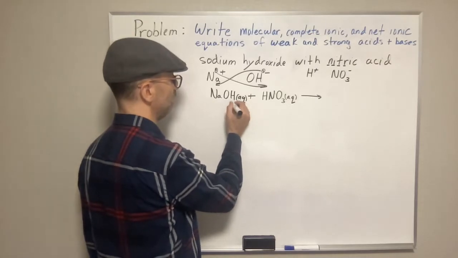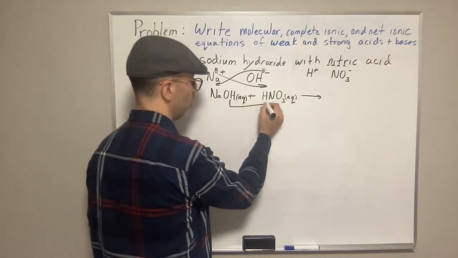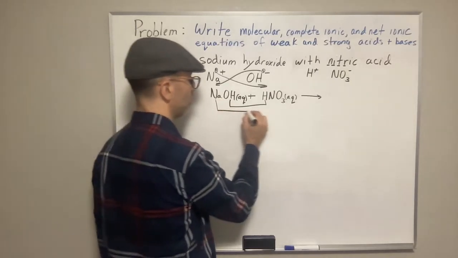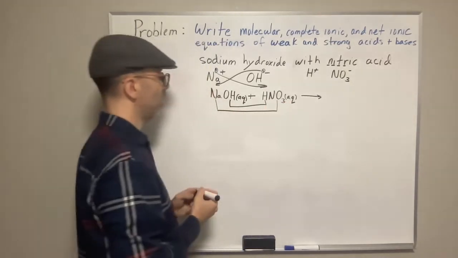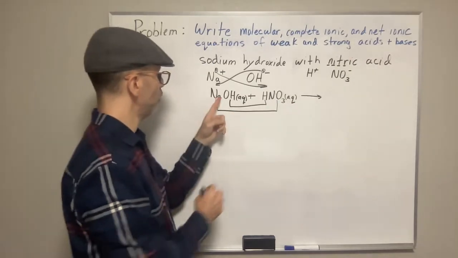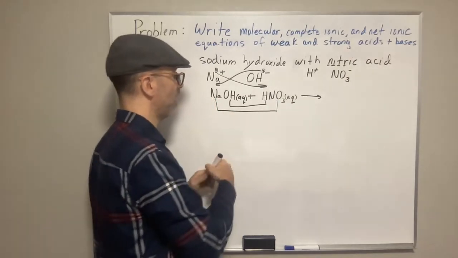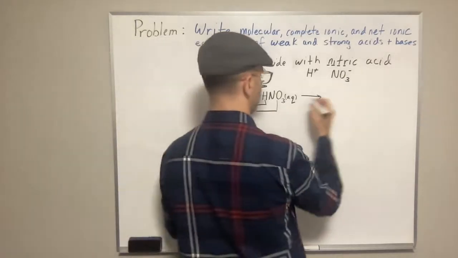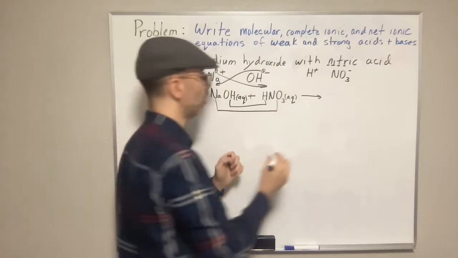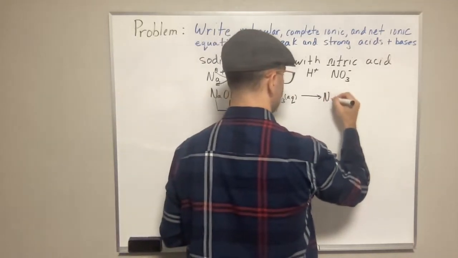So in this case, the hydroxide ion is going to go with the H plus ion, and the sodium ion is going to go with the nitrate ion. And so you put those together, the sodium and the nitrate, this is a -1, this is a +1, so those are going to be a 1-to-1.